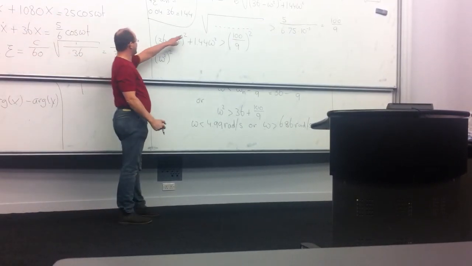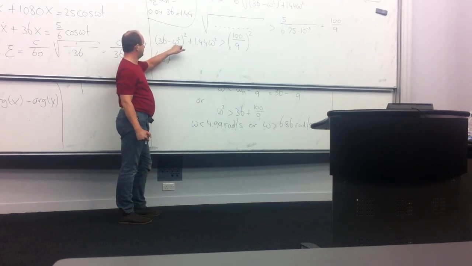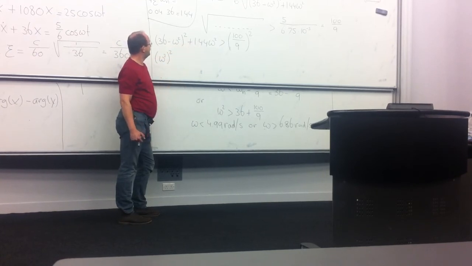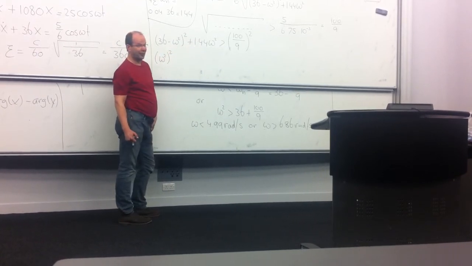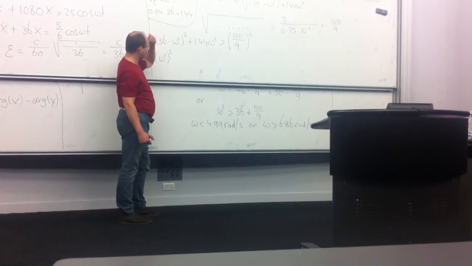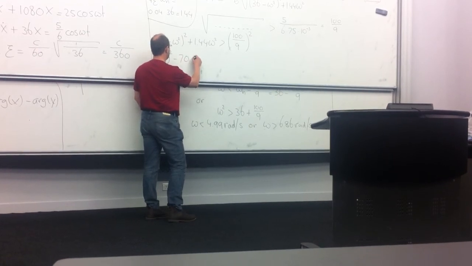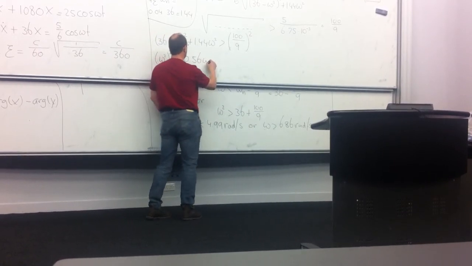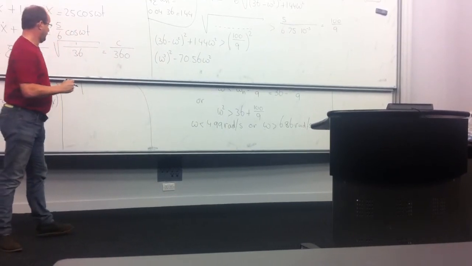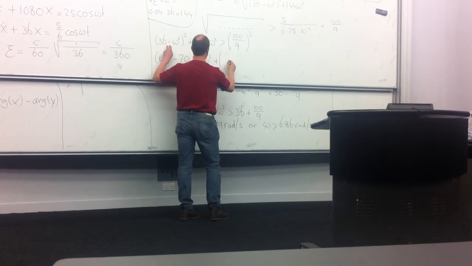Then I get minus 2 times 36 omega squared plus 1.44 omega squared. So it's minus 72 plus 1.44, that's minus 70.56 omega squared. Then plus 36 squared.